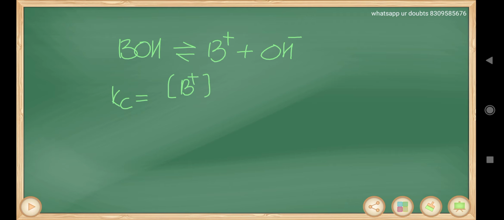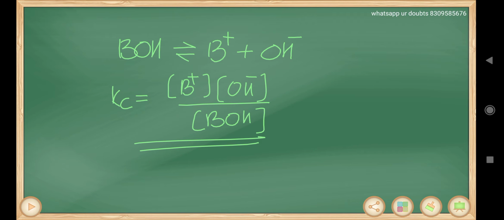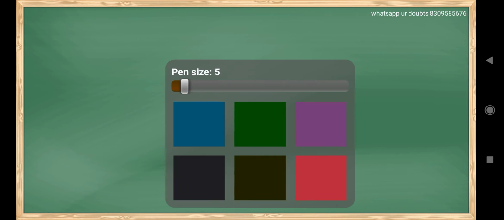Similarly, if you take BOH, if it is a base, B plus and OH minus, same thing. Kc is equal to concentration of B plus, concentration of OH minus, by concentration of BOH. And the problem comes here when you want to calculate the pH and all.